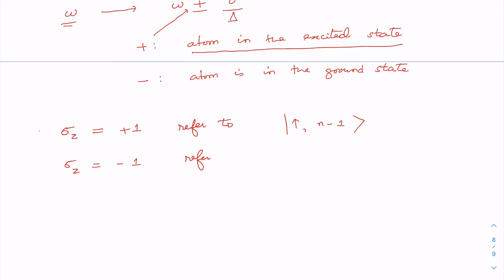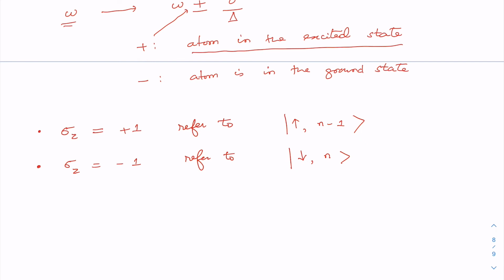I am writing that plus 1 refers to the atom in the excited state with n minus 1 photons in the field mode. On the other hand, when the eigenvalue of sigma z is minus 1, we have the atom in the ground state and n photons in the field mode.